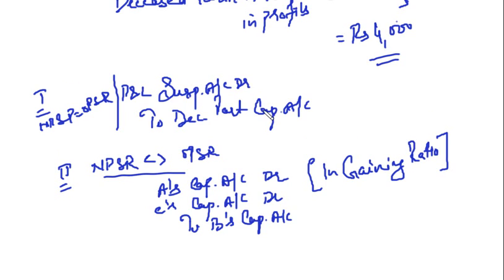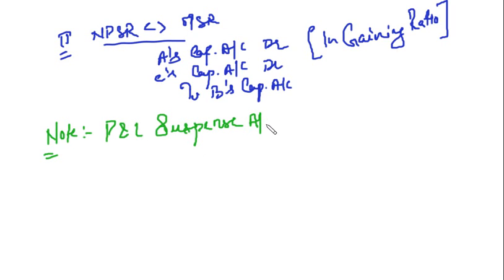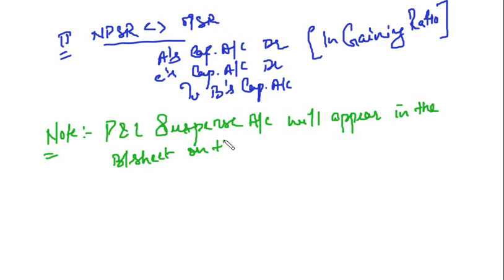Remember this profit and loss suspense account. Write this down. Make another note. Profit and loss suspense account will appear in the balance sheet on the asset side.